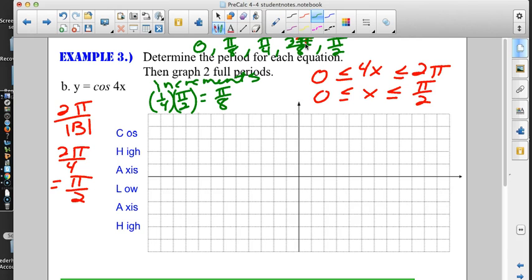So now we want to space these out so that we have room enough to show everything. And again, I'm going to go by 2s. That will give us 1 period of our graph.